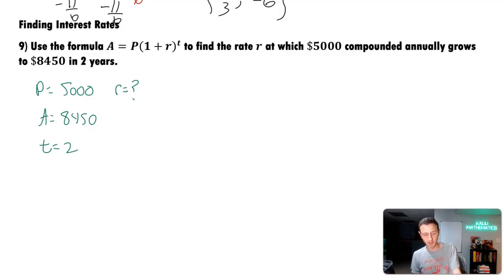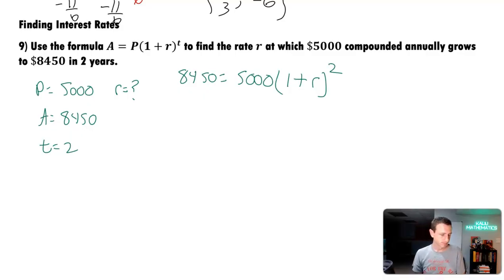So let's plug in the information. So the future value here is $84.50 equals the principal, 5,000, times 1 plus the rate, which we don't know, so that's 1 plus R, raised to the time of 2. Now we're just solving a problem, solving for R. So we're using the square root property. I got to get that by itself, so I'm going to divide by 5,000.